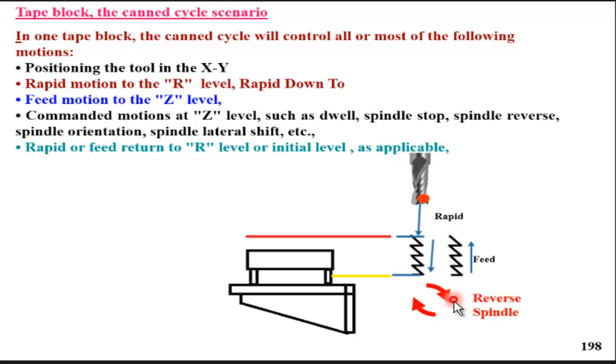You reverse the spindle direction, then you follow the same path of the tool, with the thread being created in the reverse direction. So you follow the same route, the same thread which has already been created in the previous direction.